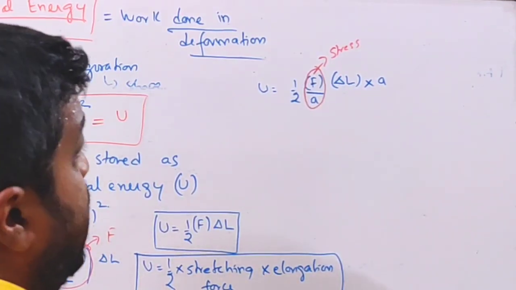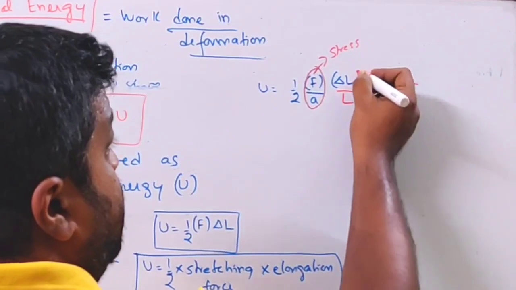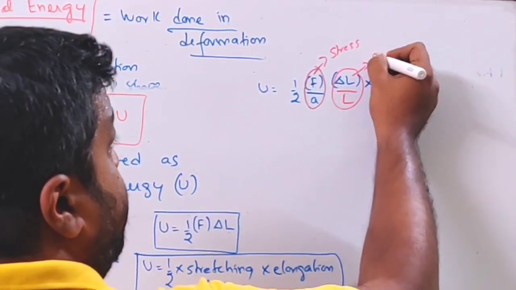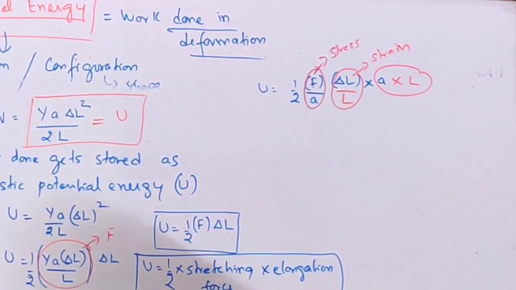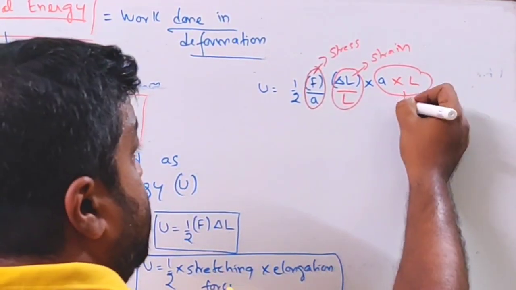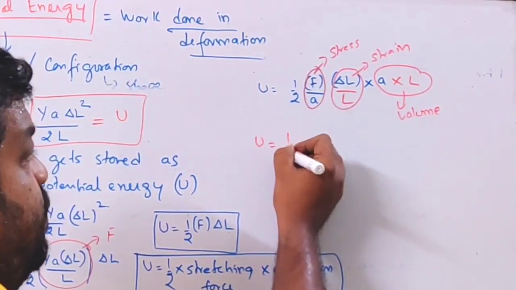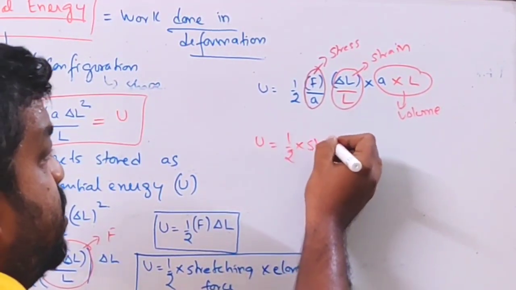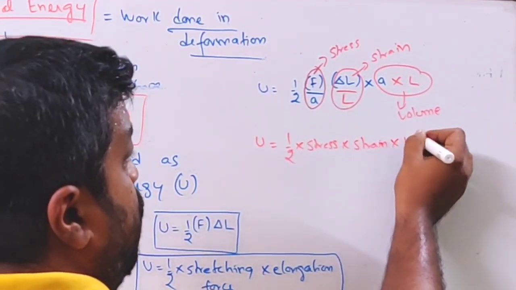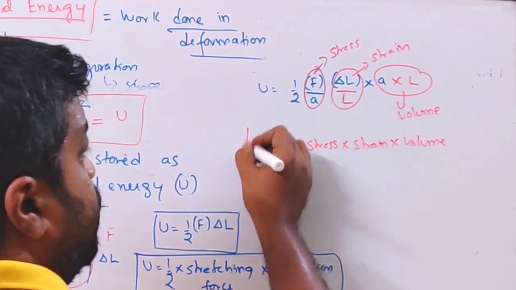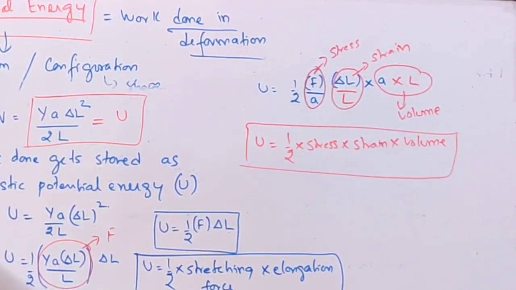And if I divide by L and multiply by L, this delta L by L is strain, and A into L, cross-section area into length, is volume. So potential energy is equal to half into stress into strain into volume. This is another form of the expression for elastic potential energy.